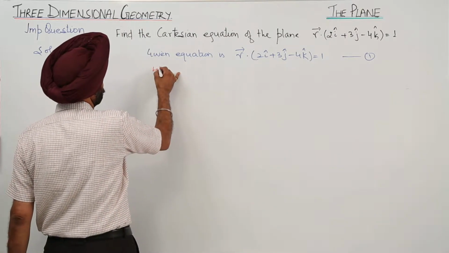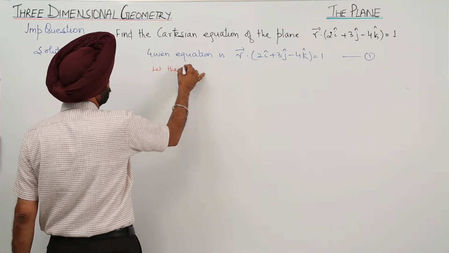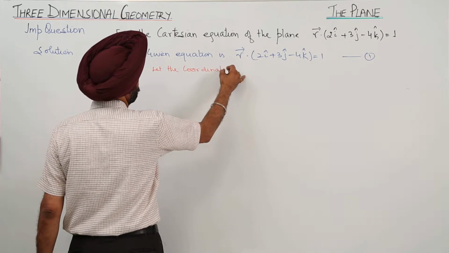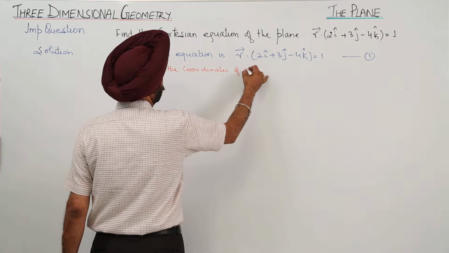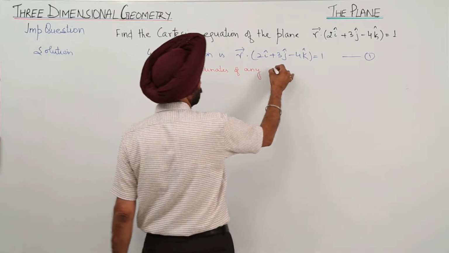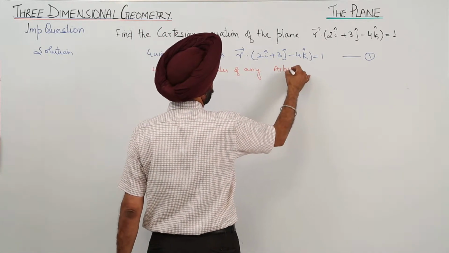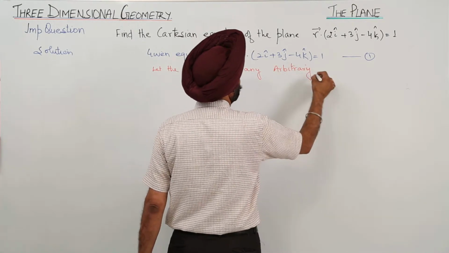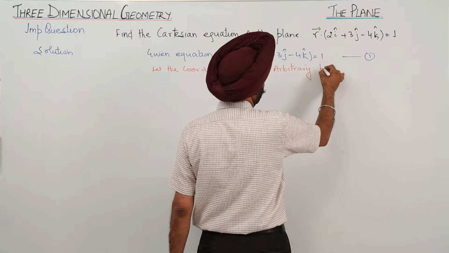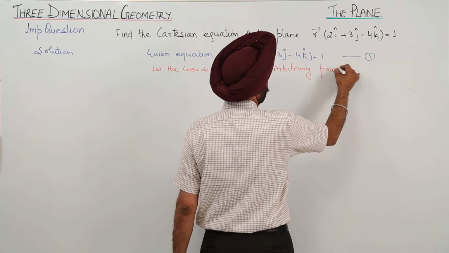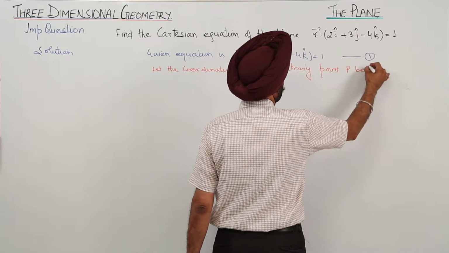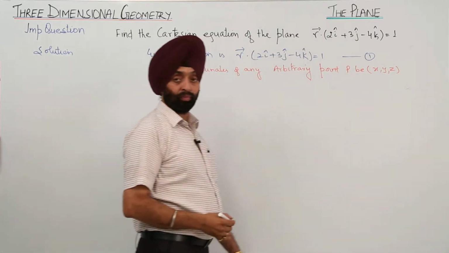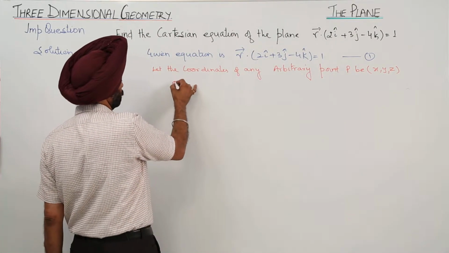Now let the coordinates of any arbitrary point P be x comma y comma z on the plane.